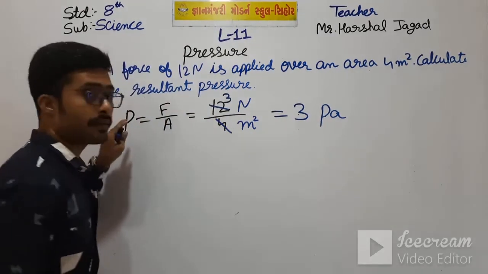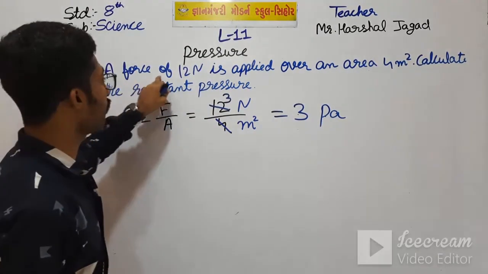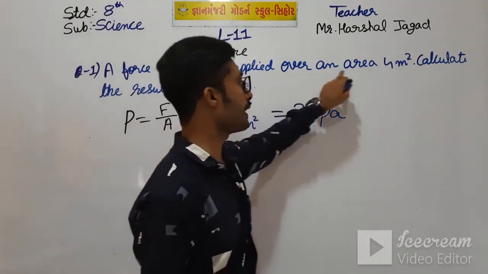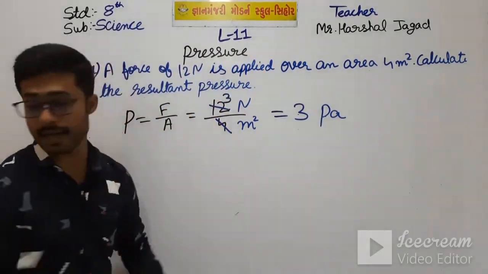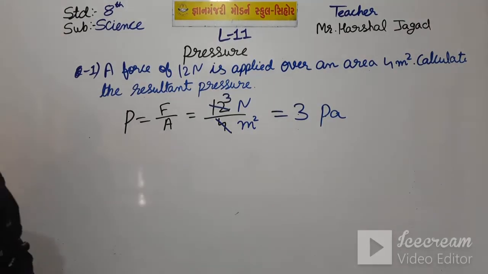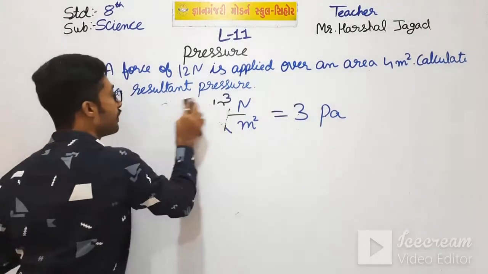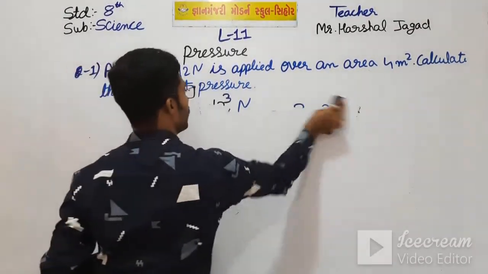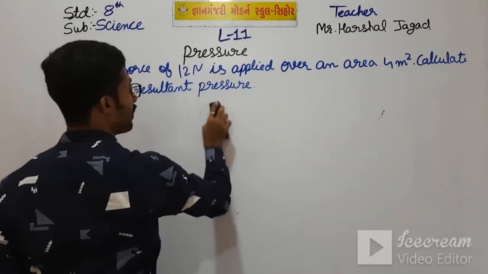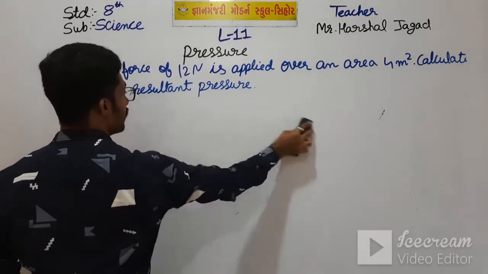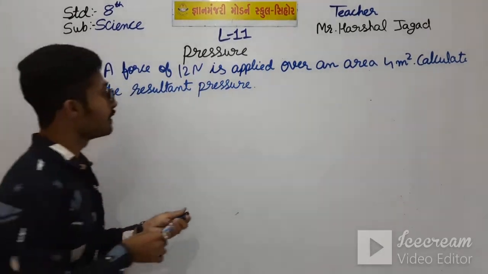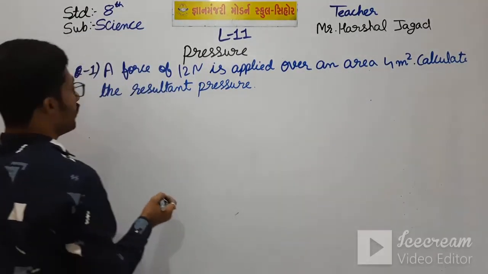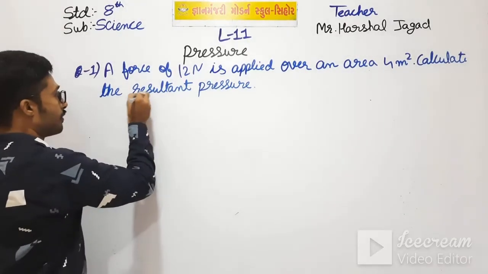Let me explain it again. A force of 12 Newton is applied over an area of 4 meter square. In the easy way, we can also calculate this sum. First, what we have to write is force.